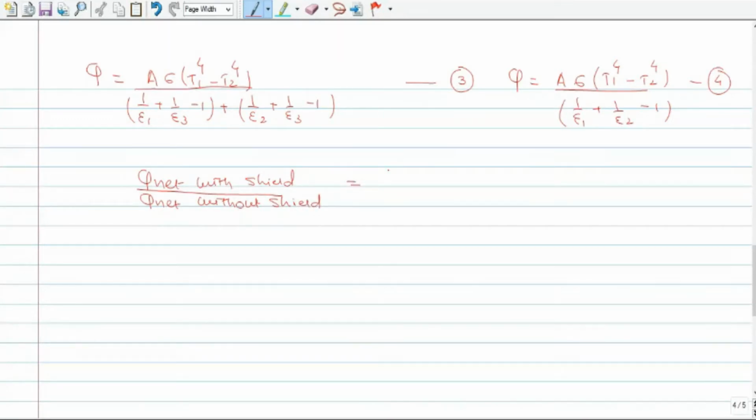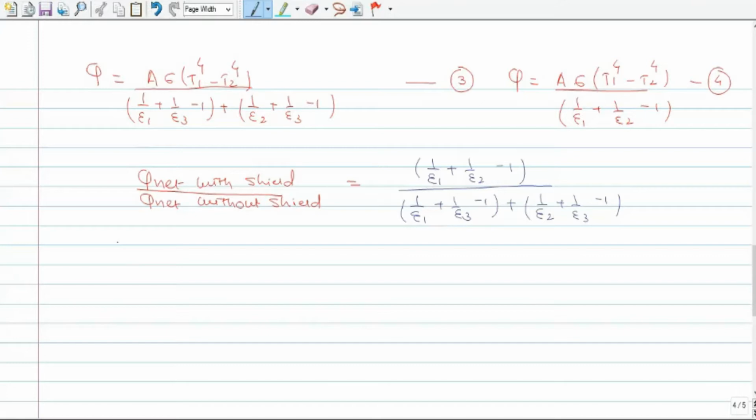So this term, A into sigma into T1 to the power 4 minus T2 to the power 4, is cancelled out, and finally what we get is 1 upon E1 plus 1 upon E2 minus 1, the whole divided by 1 upon E1 plus 1 upon E3 minus 1 plus 1 upon E2 plus 1 upon E3 minus 1.